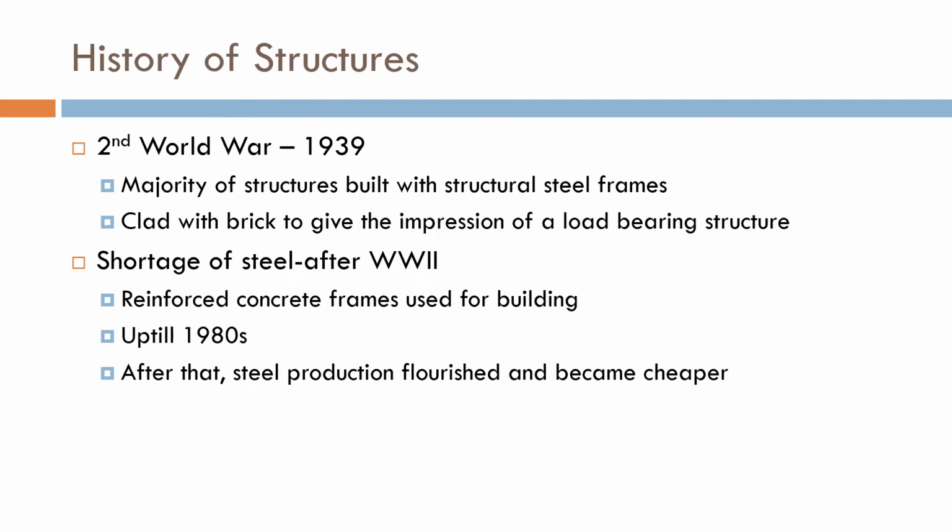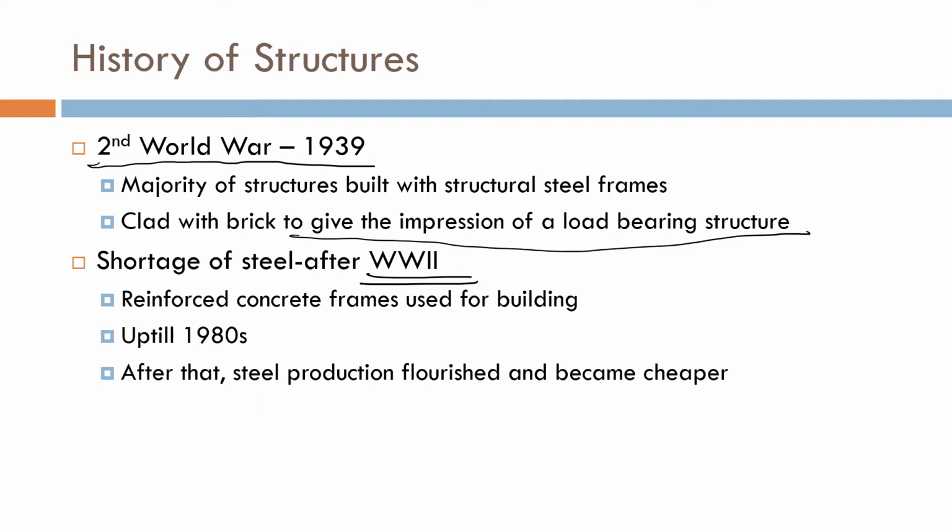Now, till the Second World War, majority of the structures were being built with steel frames, but बाहर उसके अंदर cladding जो करते थे वो brick की करते थे to give the impression of a load bearing structure. After World War II, इतना ज़्यादा use हुआ steel कि they got a shortage of steel after World War II.